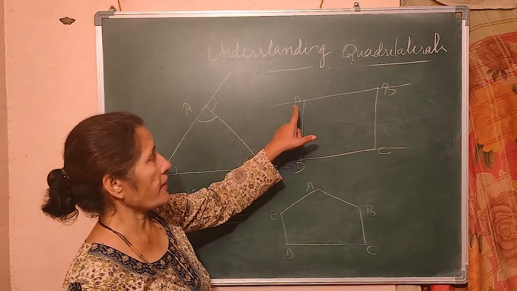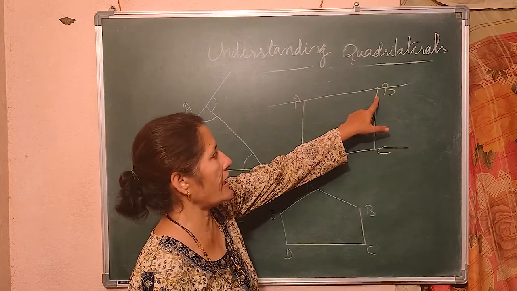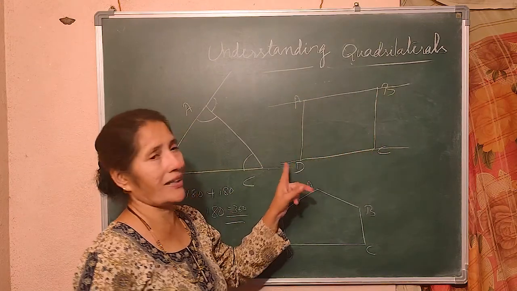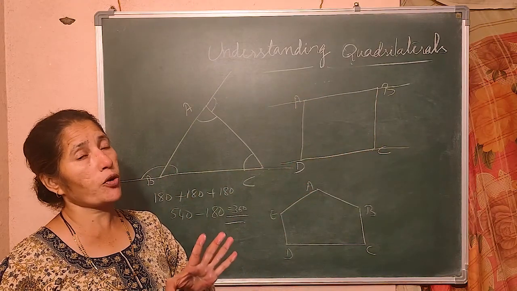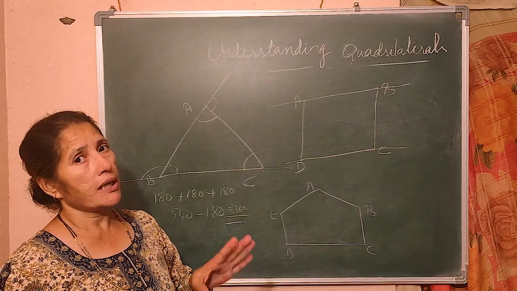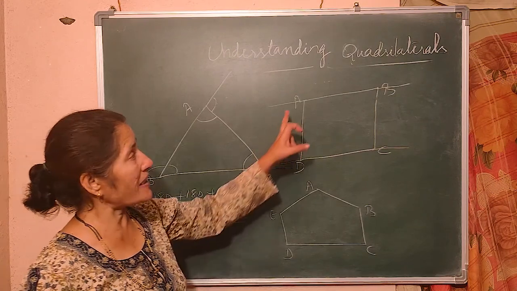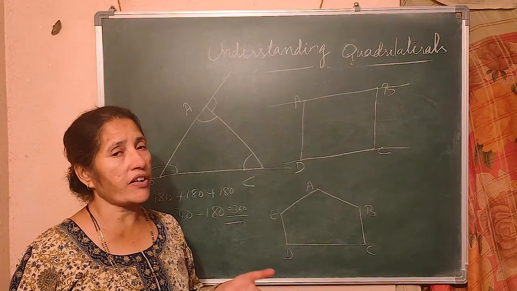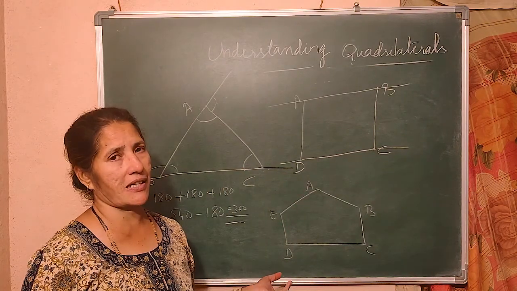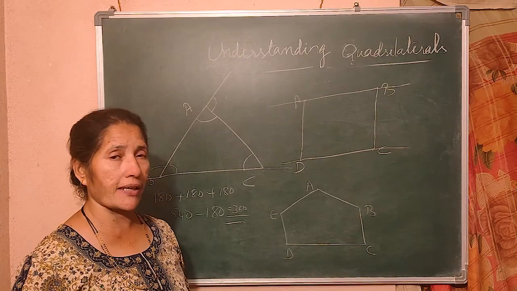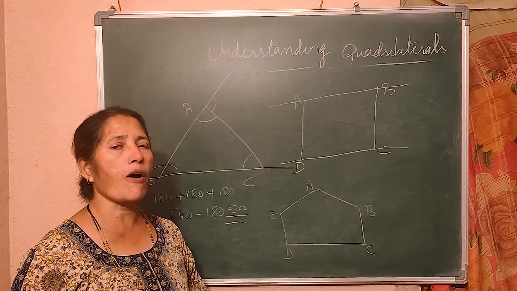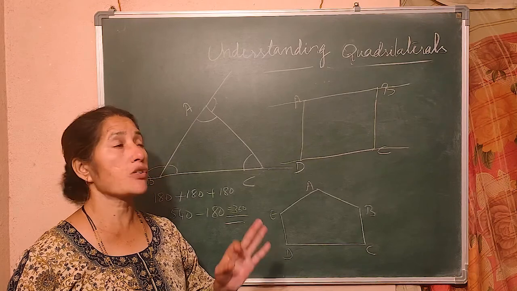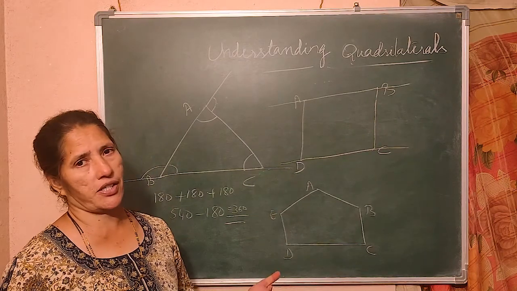So, here you see 180, 180, 180, 180, four times, how much is that? 720. But the sum of the four interior angles is 360. 720 minus 360 is 360. So, everywhere you see the sum of the exterior angles of a polygon is 360.